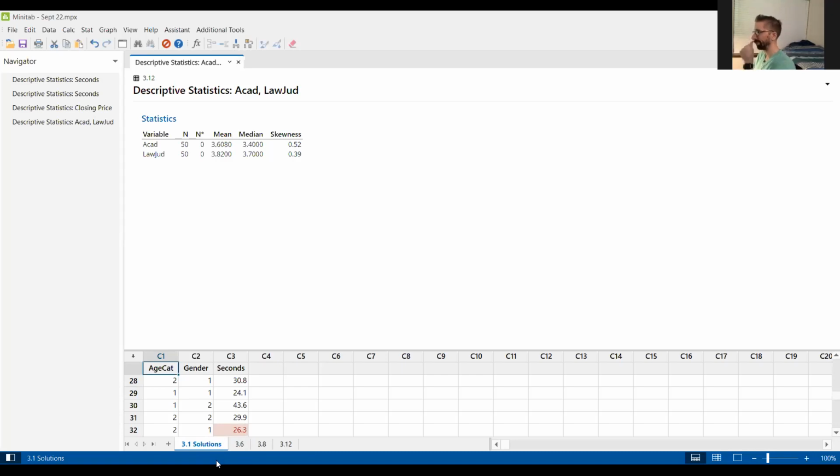Now, the first tab here is the section example 3.1, which says computer solutions on page 65.